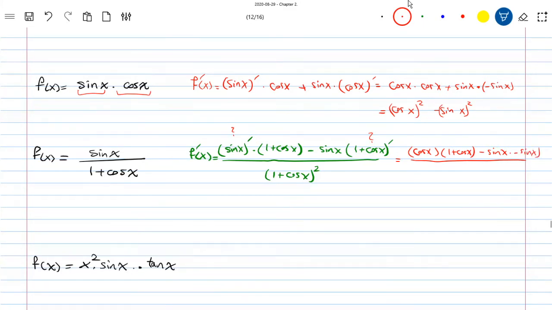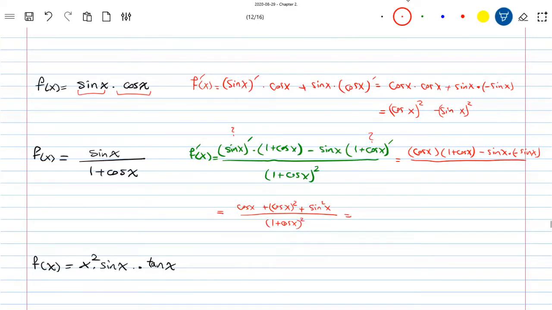And again, I mentioned that if you use multiplication, make sure that next to negative there is a parenthesis. Otherwise, you're subtracting. You say negative sine x minus sine x. And finally, cosine times 1 is cosine. So you will get cosine x plus cosine x squared, cosine times cosine. And negative sine times negative sine is positive sine squared x. All divided by 1 plus cosine x squared.